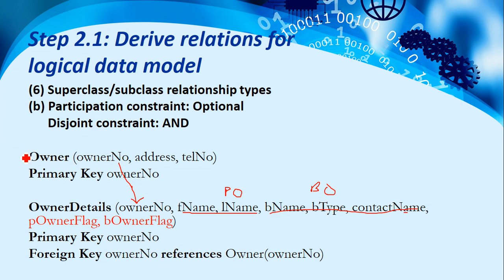We have a relation dedicated for superclass only, and then ito yung combined, no? Pag-combine ng lahat ng mga subclasses. And which yun nga, we just copy the primary key sa superclass natin, and then lahat ng mga attributes ng mga subclasses, kinombine lang natin. Then we add discriminators. And then, yun.